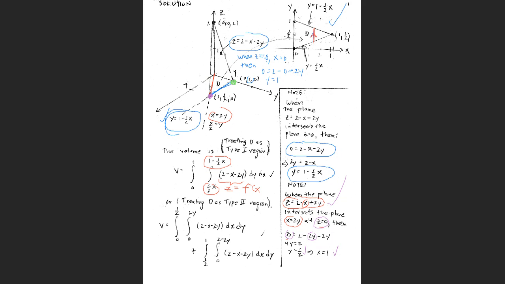And you're finding the volume between that surface above, that plane z equals 2 minus x minus 2y, and the xy plane over the region D. Well, based on the region D, my x limits go from 0 to 1.